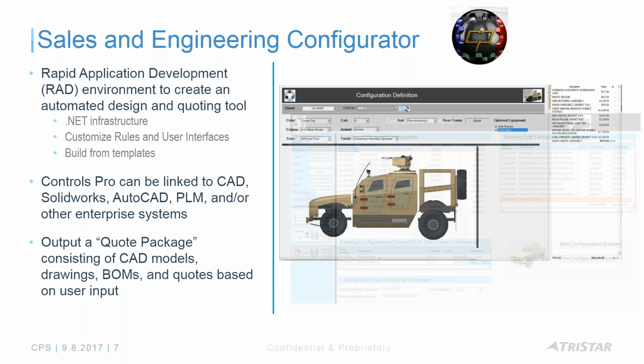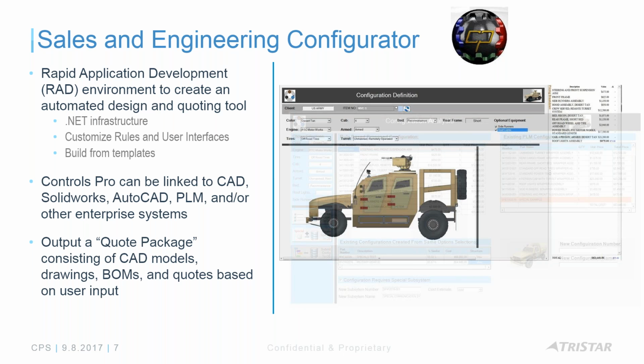So what you see here in this graphic, we're actually going to get into a live demo with this, but basically everything pretty much stems from what's called the configurator. And what you're looking at here is the configuration definition screen. And so this is essentially where this interface is customizable and built to your criteria, where someone who is a non-engineering or a non-CAD person or an engineering person that might want a more simplified interface can work from a series of radio buttons, slider bars, dimensions, drop downs, whatever type of criteria or constraints you need to be able to define your product.